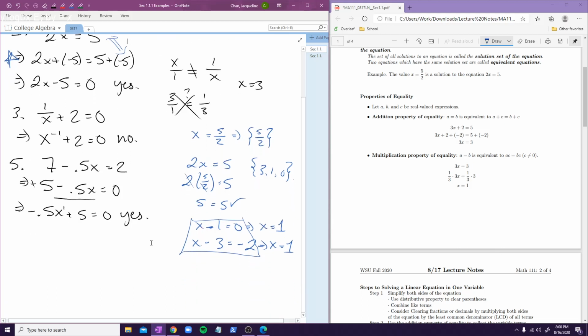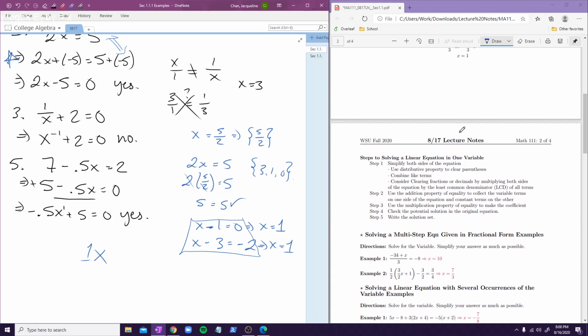The coefficient is the number in front of x, and when you don't see a number, it's automatically 1. The reciprocal of 3 is 1/3, so if I multiply 1/3 to both sides, I get x is equal to 1.